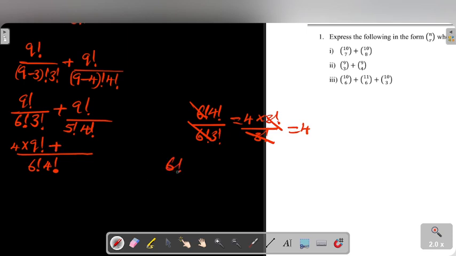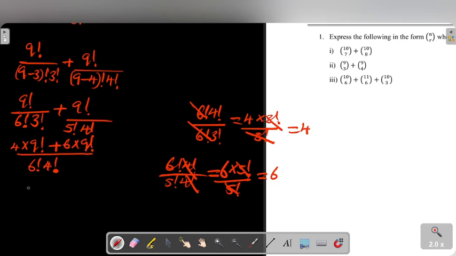We have 6 factorial 4 factorial over 5 factorial 4 factorial. So 4 factorial and 4 factorial cancel. You have 6, so you reduce 6 up to 5 factorial, to be 6 times 5 factorial over 5 factorial. That and that cancel. We have a 6. So 6 times 9 factorial.